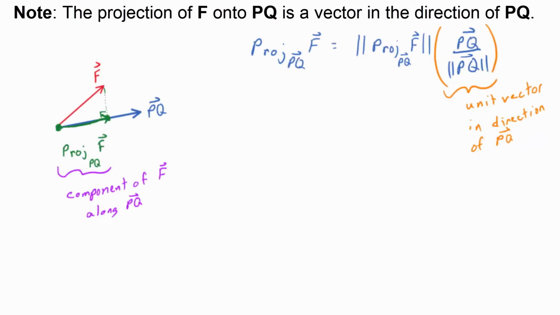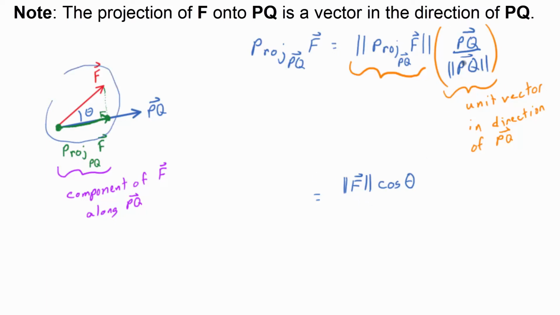So what do we know from above about this length? Using the same idea as above, it's the magnitude of F times the cosine of the angle between them, right? Magnitude of F times the cosine of theta. That's from the CAH part of SOHCAHTOA if you think of this as a triangle.